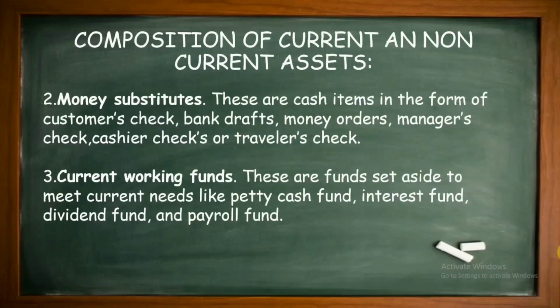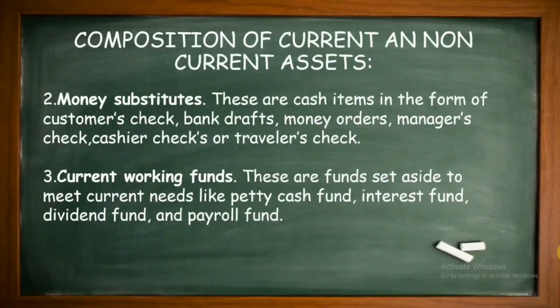Number 3, current working funds. These are funds set aside to meet current needs like petty cash fund, interest fund, dividend fund, and payroll fund. So, ito yung mga pwedeng itabi upang ma-meet yung kasalukuyan na pangangailangan. Example nga yung petty cash, yung mga small amount na pera na pwede mong gamitin sa maliit na mga gastusin.